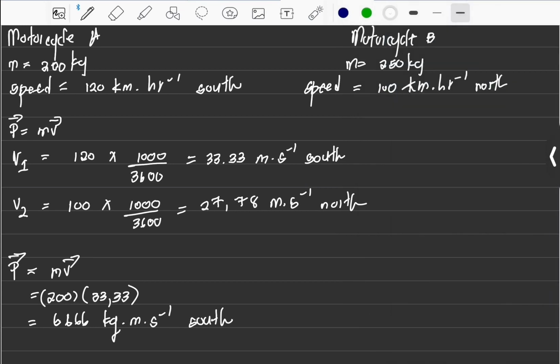Then you go ahead and calculate the momentum for the second motorcycle, motorcycle B. P is equal to mv.